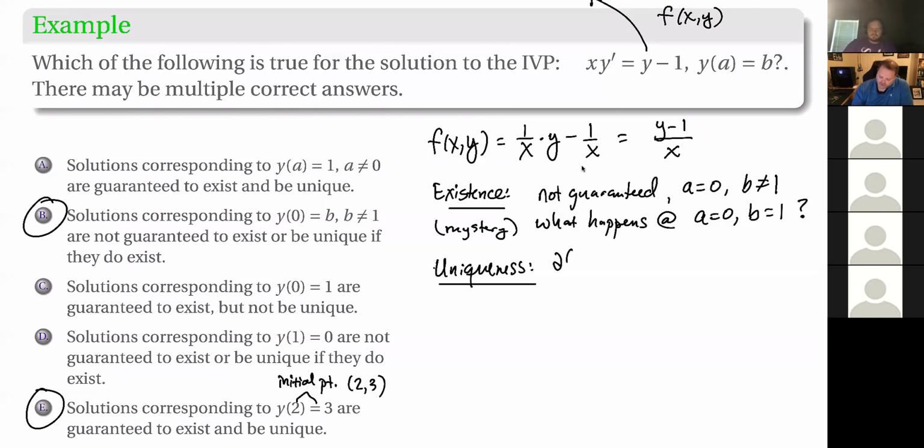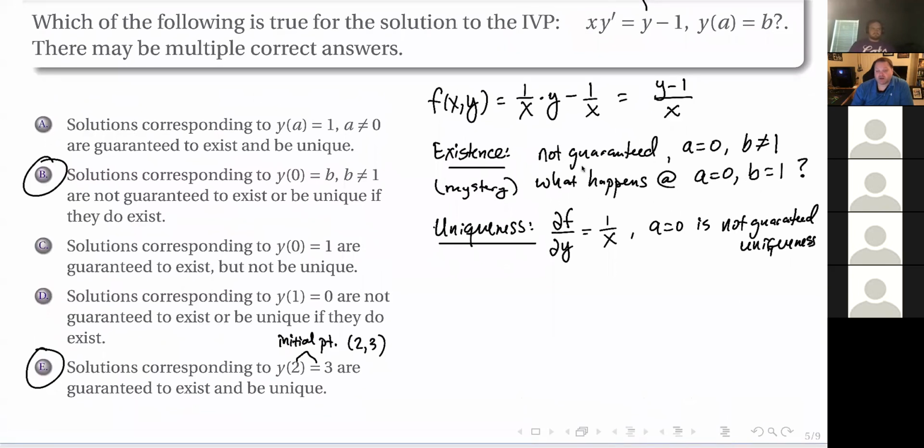So the partial of f with respect to y here is 1 over x, which means when x is 0, or a equal to 0, once again, we're not guaranteed uniqueness there. So the only bad point here really is we want to stay away from x equal to 0 on this problem.